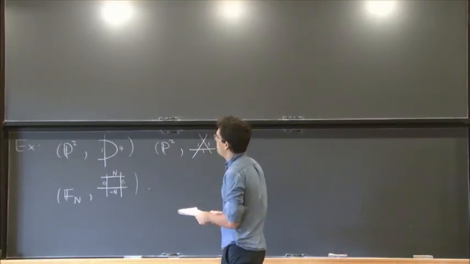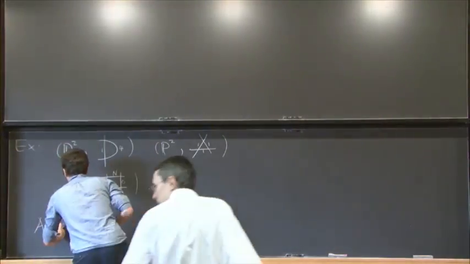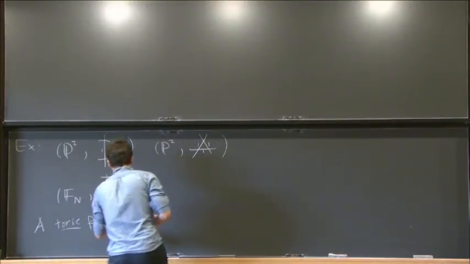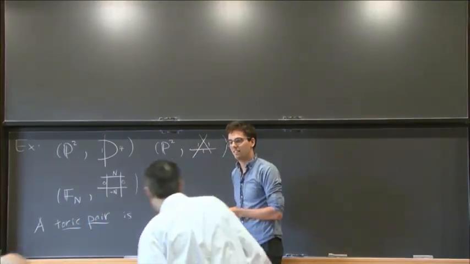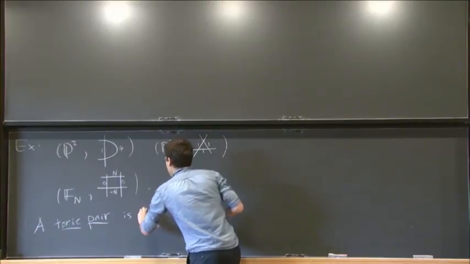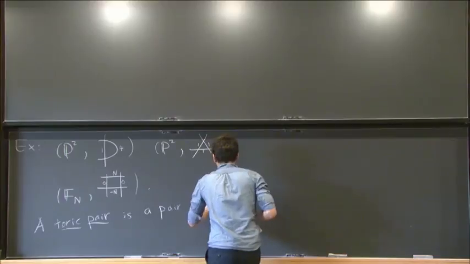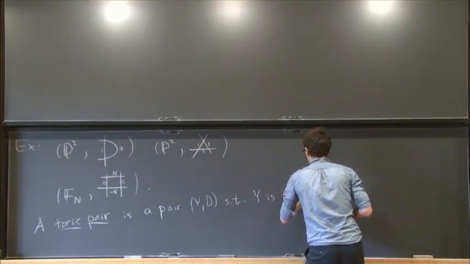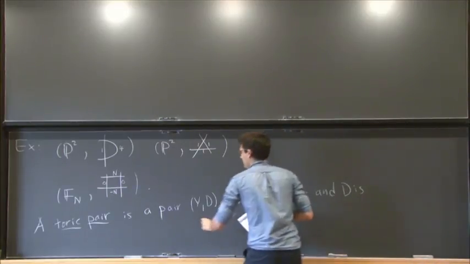And I want to introduce one more definition. A toric pair is a pair YD such that Y is toric and D is the toric boundary.